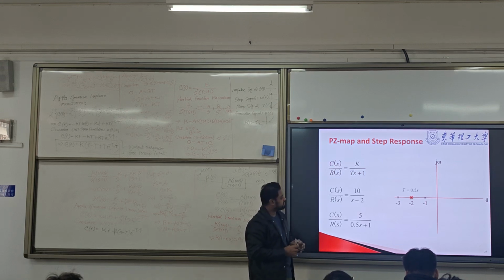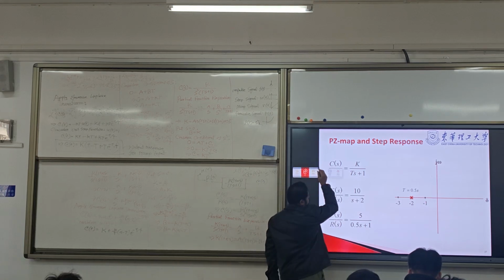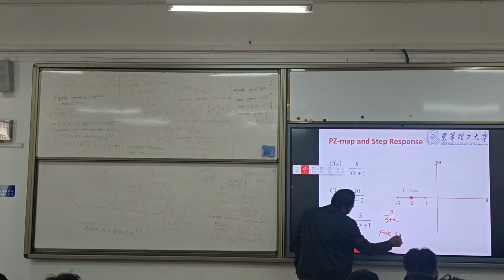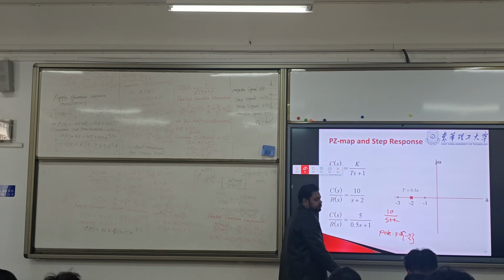Second one, let's see here, 10 by s plus 2. What is the pole? Pole is -2. And what is T?